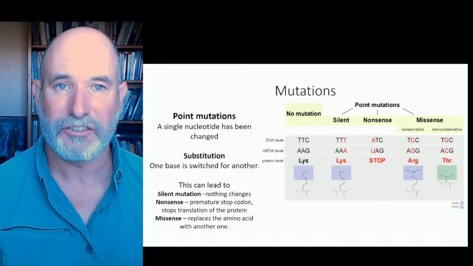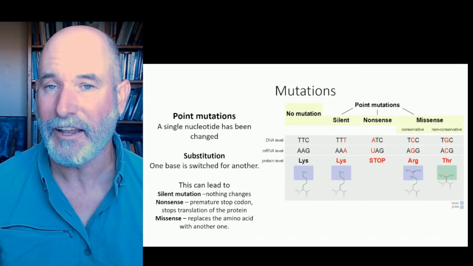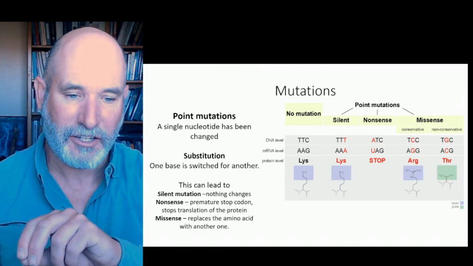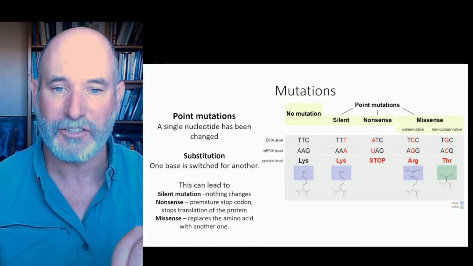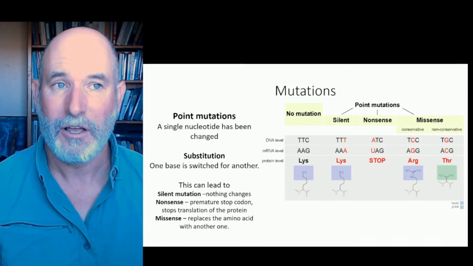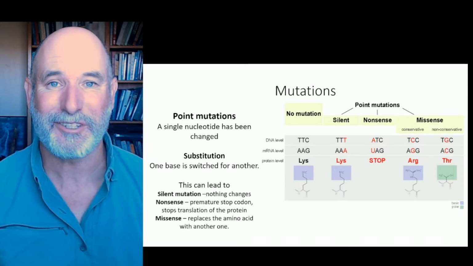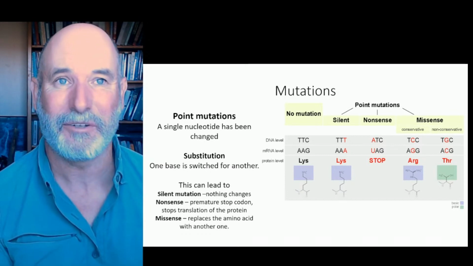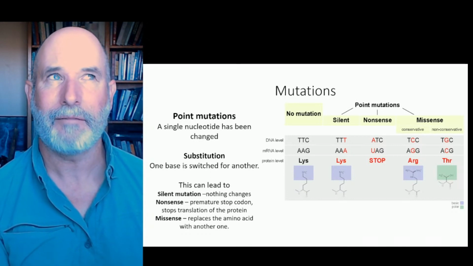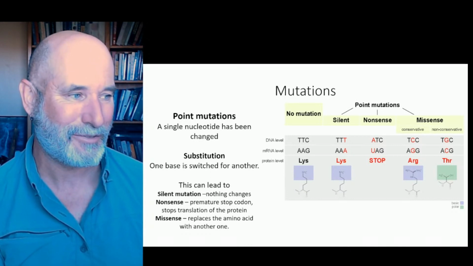So that can actually affect how your genes are regulated. So even though you're not changing the amino acid, or the protein or the gene, you can change ultimately gene expression by these silent mutations, which may not be so silent, may not be so beneficial.